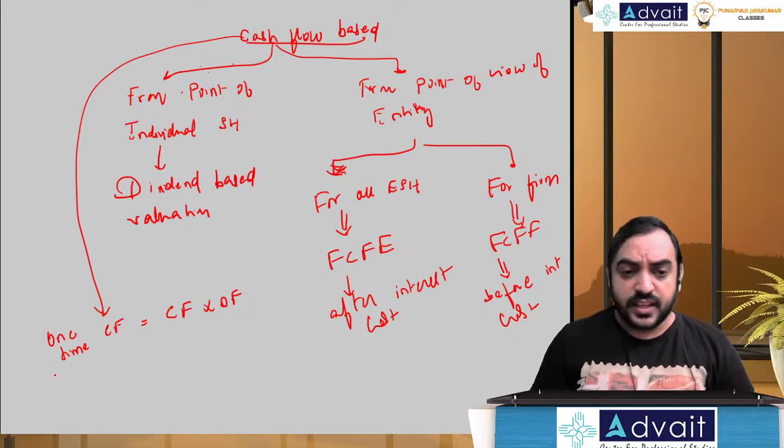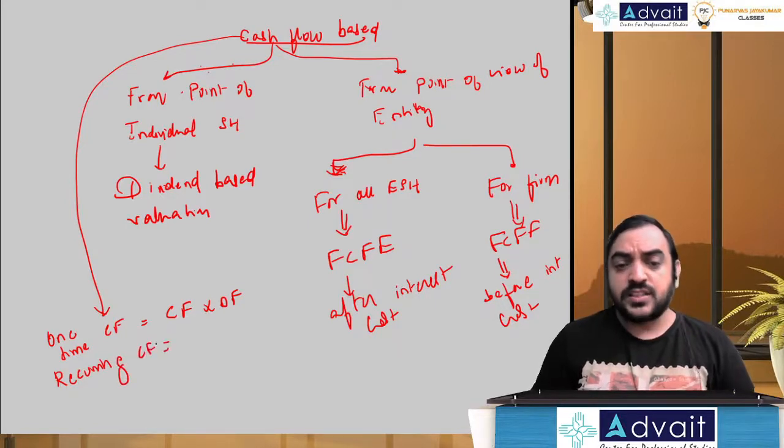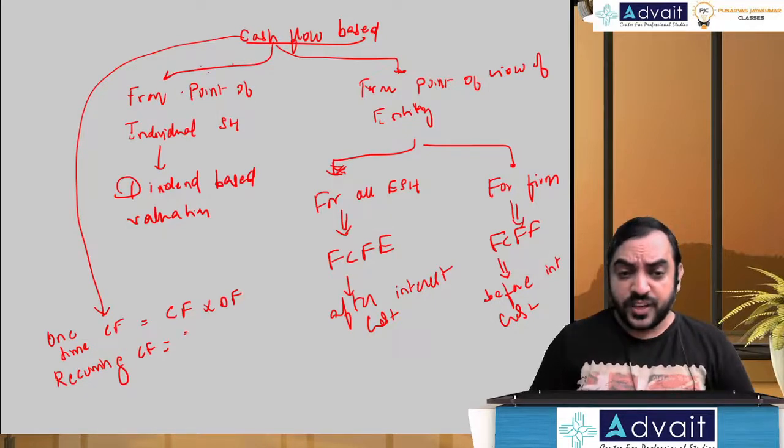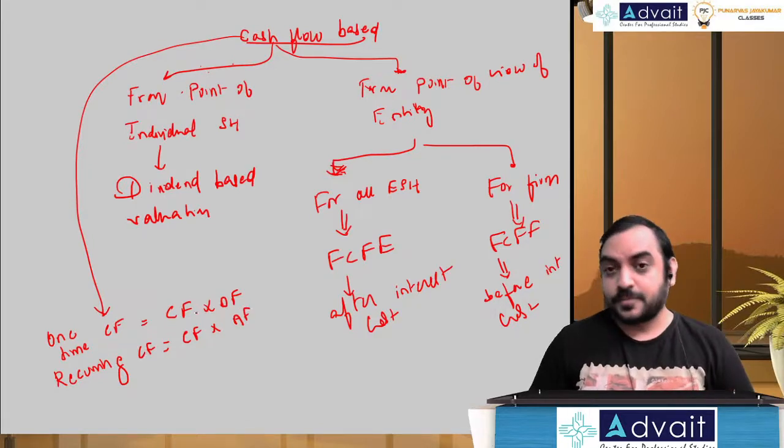If it is recurring cash flow, recurring cash flow means 10,000 per annum for 5 years. Every year cash flow is the same. Instead of discounting factor, we do cash flow multiplied by annuity factor.